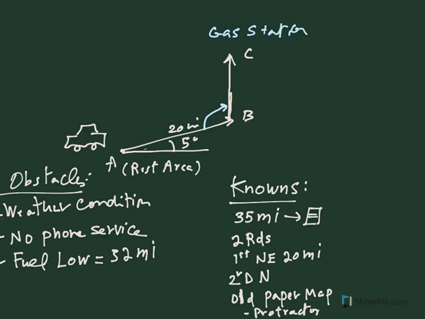But since the first road is still shown on the old paper map, he was able to measure this angle, and therefore at least he has one angle that he knows. So from this diagram, he added two vectors, and those are the possible routes the vehicle will be displaced along, represented by vectors.